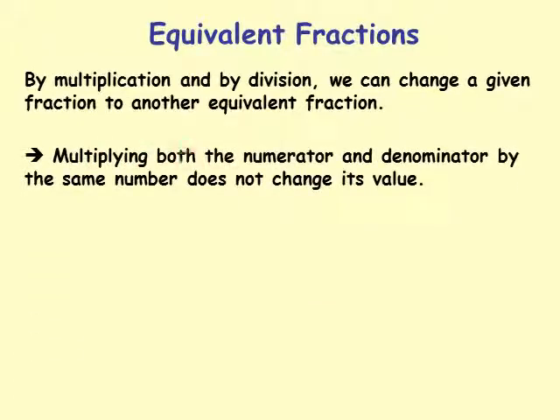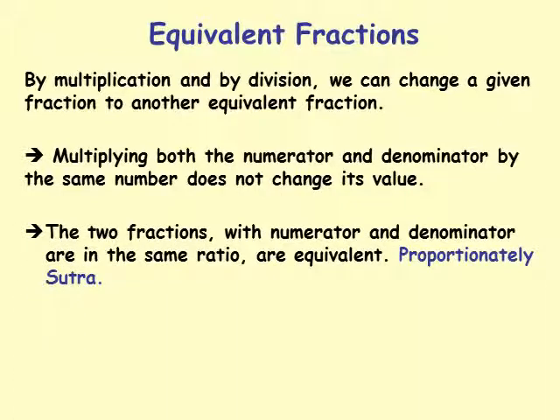Multiplying both the numerator and the denominator by the same number does not change its value. The two fractions with numerator and denominator in the same ratio are equivalent, and the sutra we are using is the Proportionality Sutra.